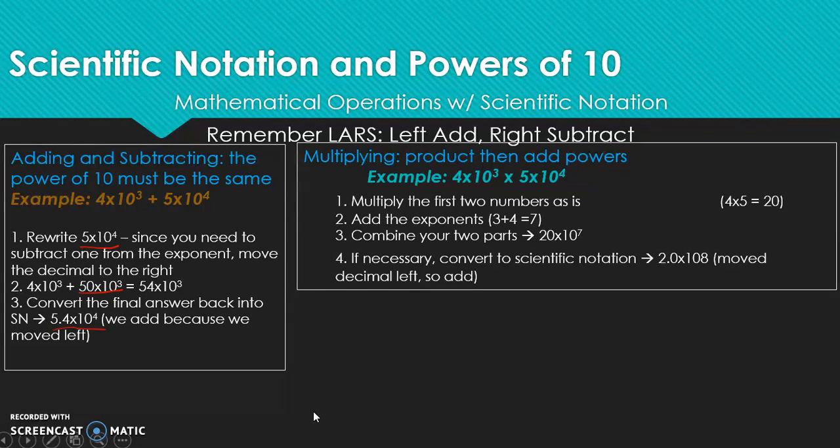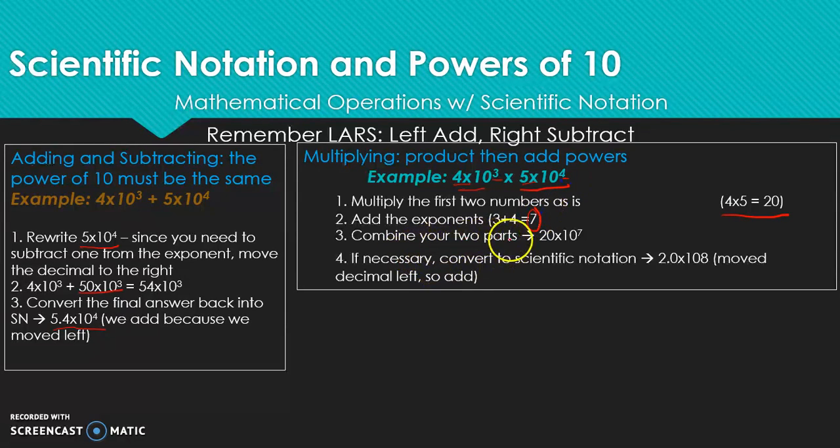When multiplying, you're going to take the product, then add the power. So here's an example. We have 4 times 10 to the third times 5 times 10 to the fourth. We're going to multiply the first two numbers. So the first two numbers is 4 times 5, and that's going to give us 20. And then we're going to add the exponents. So 3 plus 4 gives us 7.